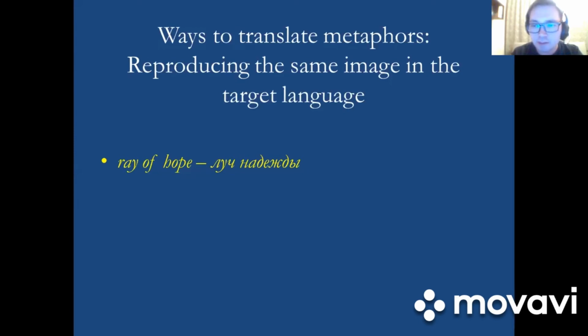We can use it in case in the target language there already exists a similar expression, a similar metaphor, or in cases when a literal translation of an expression will be clear for the target language receptor.